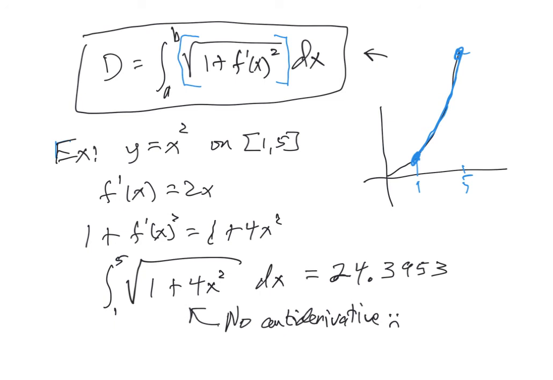Now, there's a quick way we can think about a rough check if our answer is right, and that is if I just draw a straight line from the point 1, to the point 5, 25, and find the length of that line, it ought to be just a little bit less than 24.3953 because the curve meanders around a little bit. So we draw this triangle using the distance formula.